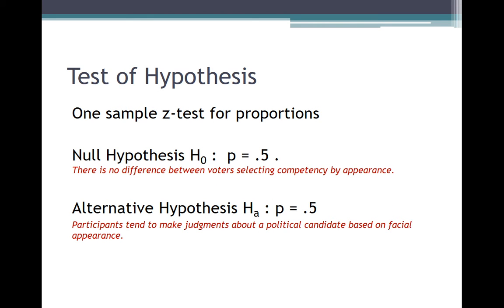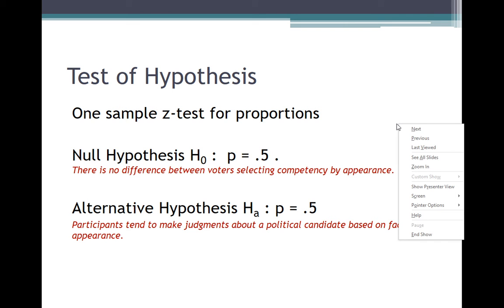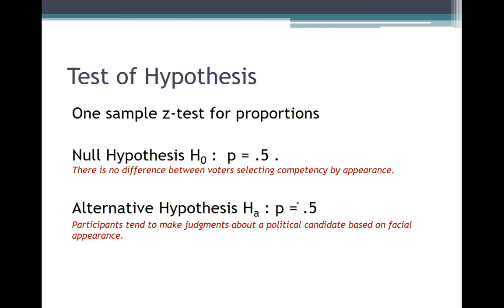So our test here is a one sample test for proportions. The null hypothesis is that p is 0.5. There is no difference in selecting competency by appearance. The alternative is p greater than 0.5.